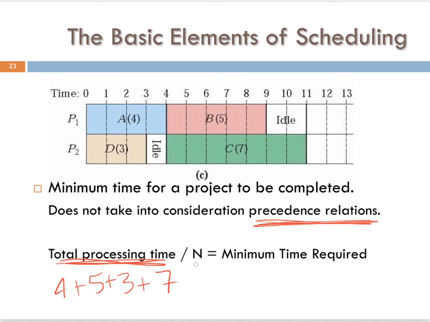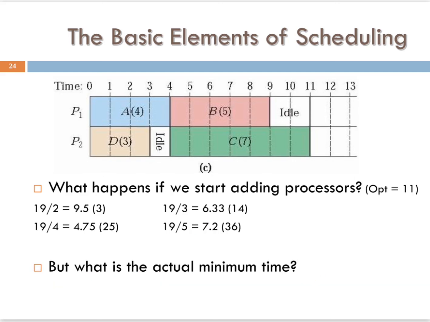And then we're going to divide by the number of processors. So we have 2 processors, and that's going to give us our minimum time required. The minimum time required here, we have to have it as a whole number, so we're going to round up. So we have 19 divided by 2. So we're going to have 9.5, which would mean we need about 10 hours or 9.5 for each one.